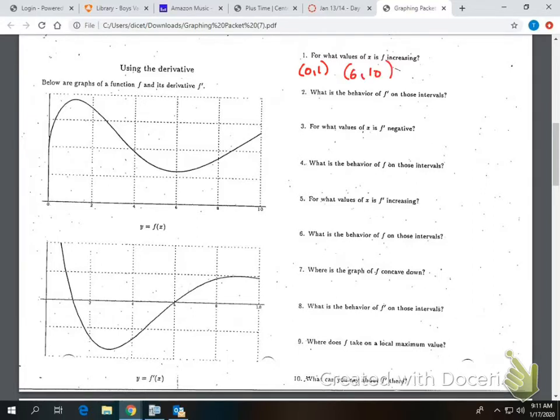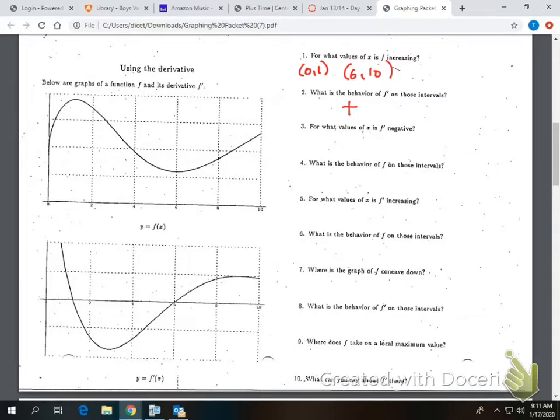What is the behavior of F prime on those intervals? What would we say? F prime is positive. Okay? So let's conclude this.